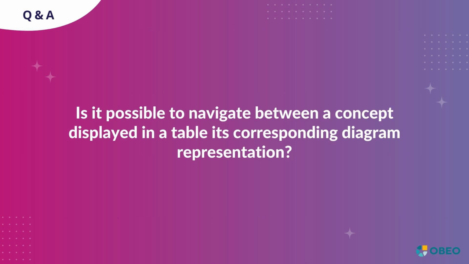But if the concept is containing diagrams, you could fairly easily navigate from one representation to another. You can't yet navigate from the content of a table to the content of a diagram.